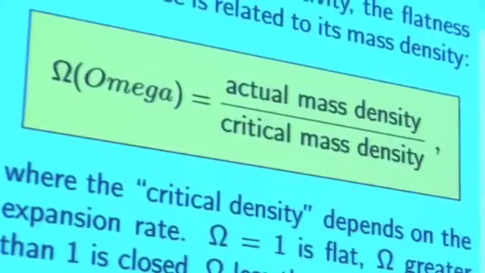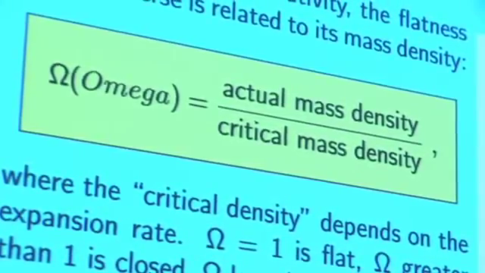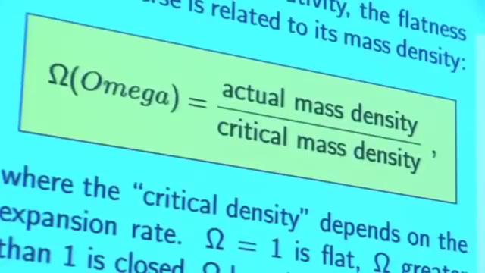And cosmologists talk about a quantity called capital omega, which is the actual mass density, whatever it is, divided by what's called the critical mass density, where the critical mass density depends on the expansion rate. It's not a constant, but for a given expansion rate, there's a certain critical mass density. And the critical mass density is just defined as that density which makes the universe the flat case, which is the boundary of the two other cases.